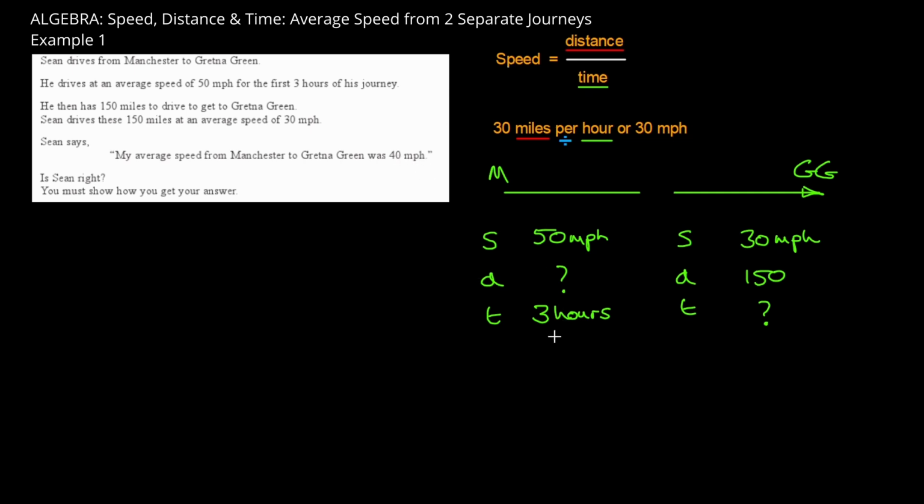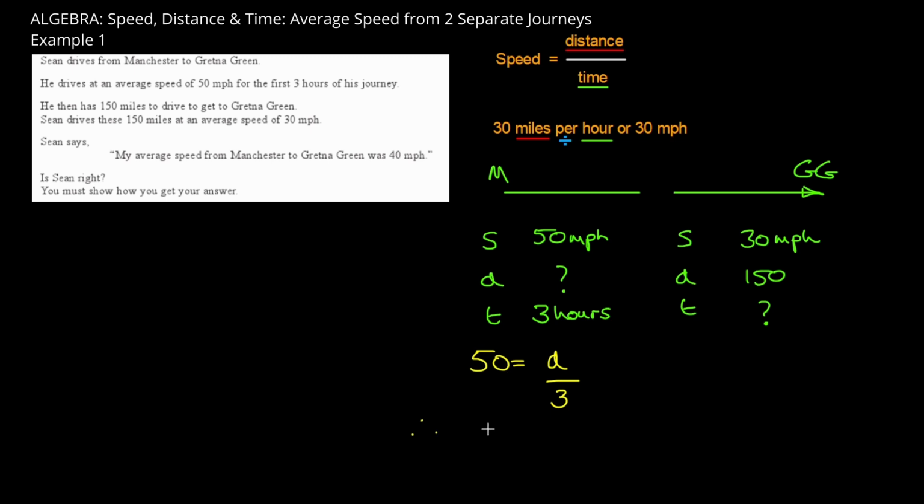So let's fill in the blanks for this one. So I have 50 is equal to distance, well, let's call that d, divided by 3. Now, we have to be careful of units a little bit, but luckily we've got a speed quoted in miles per hour and a value of time in hours. So this will give us a distance in miles.